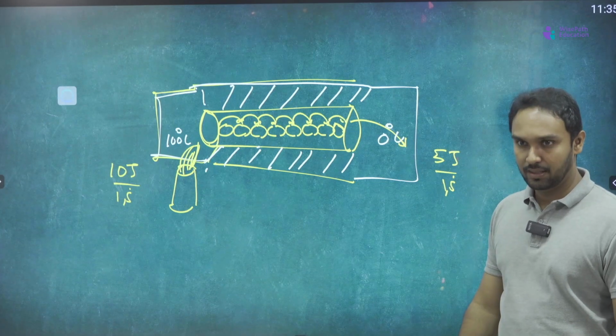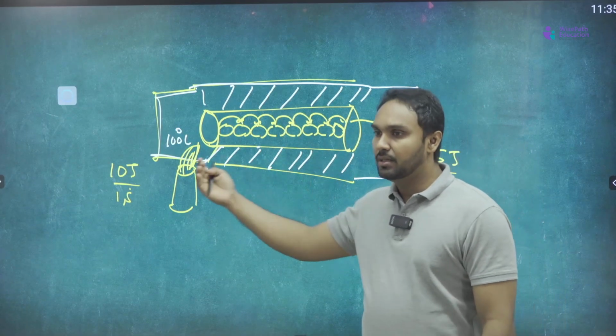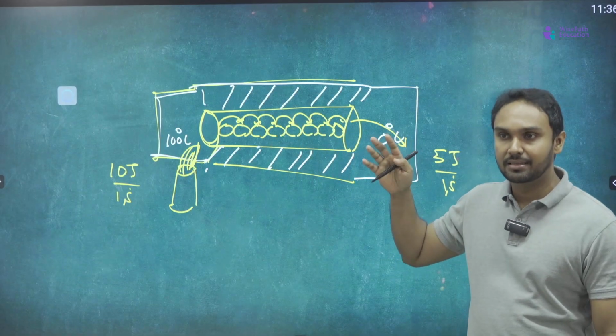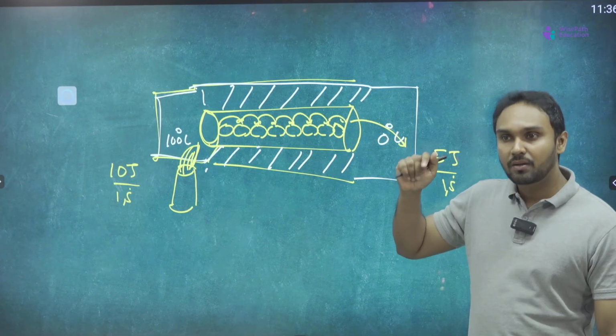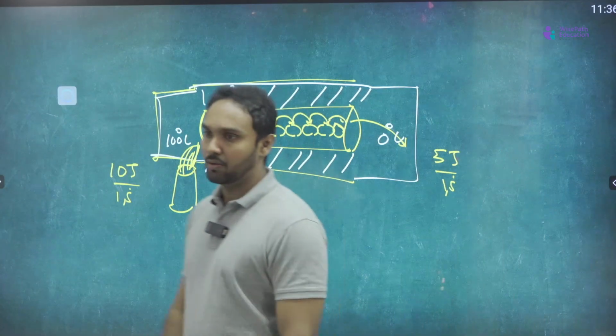That is the point, right? There comes a certain point where the conductor is saturated, and the amount of heat that enters and the amount of heat that exits in a unit time, let's say 1 second, is equal. We call that state a steady state. Get it?